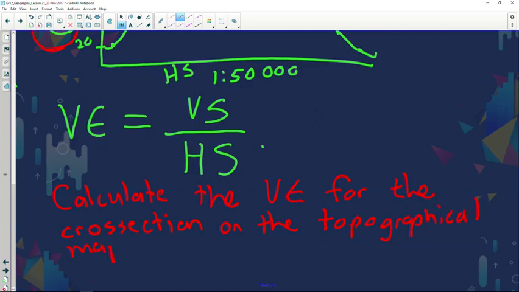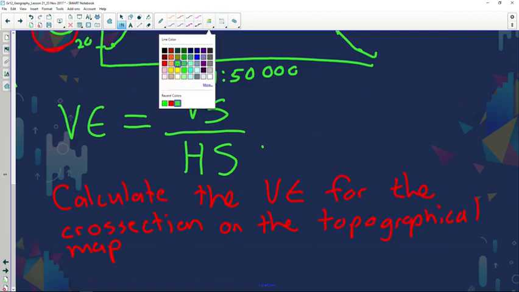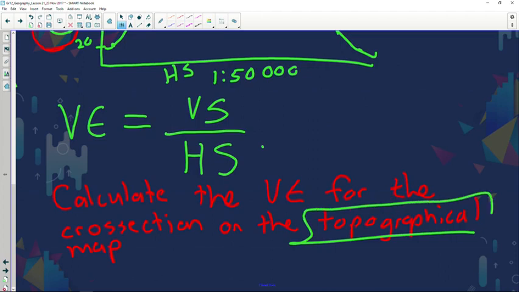Now, grade 12s, there's your first clue. Immediately over here, topographical map. So you already got one piece of your formula.